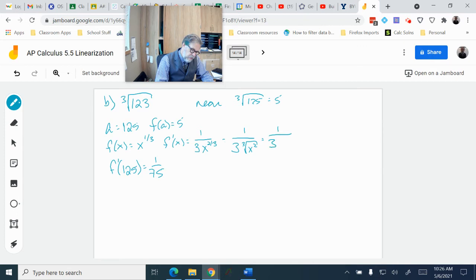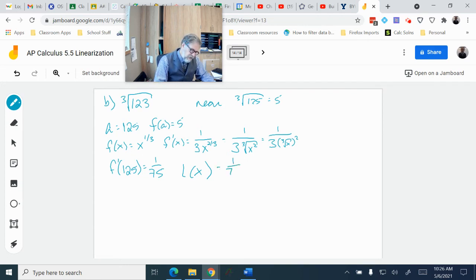Or it is 3 times the cube root of x, all squared. And this one actually works out better because I've got 125, cube root I know is 5. 5 squared is 25, and I get 1/75. That's just an example of how you can do these things mathematically in your head by changing orders.